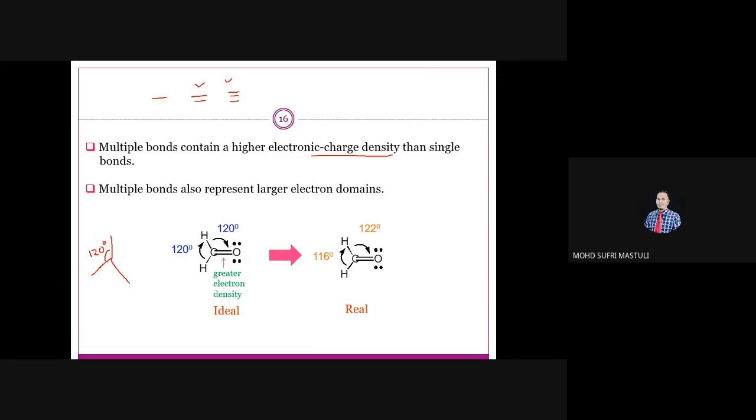However, because of the presence of the multiple bond, in this case a double bond, the electron density is greater. So because of this double bond, the electron density will push or will reduce the angle.